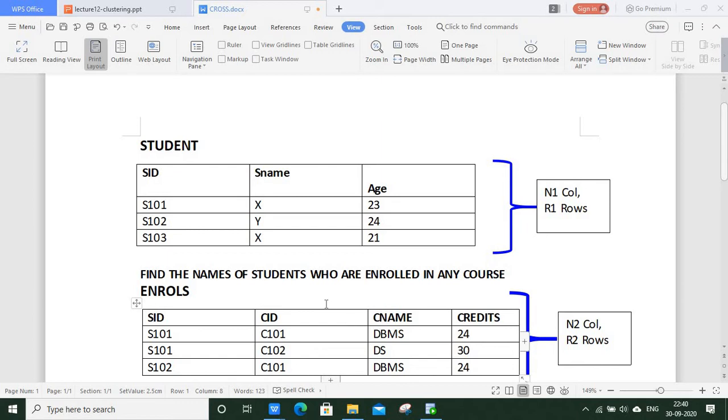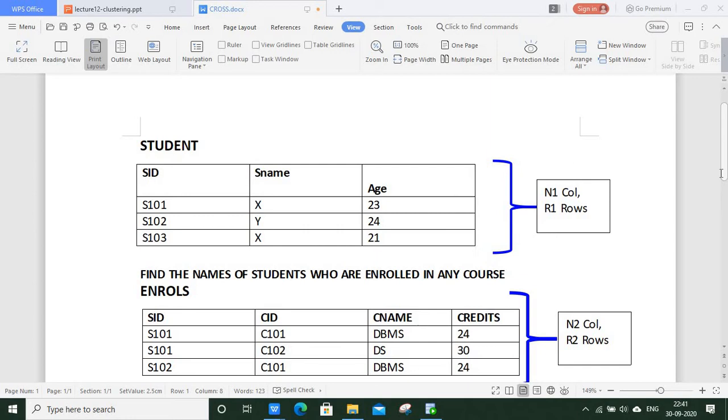If we try to solve this query on the basis of any one of these two tables, we won't be able to, because the required information is not present in a single table. We have to join these two tables together to solve this query. That's why we need join operations.